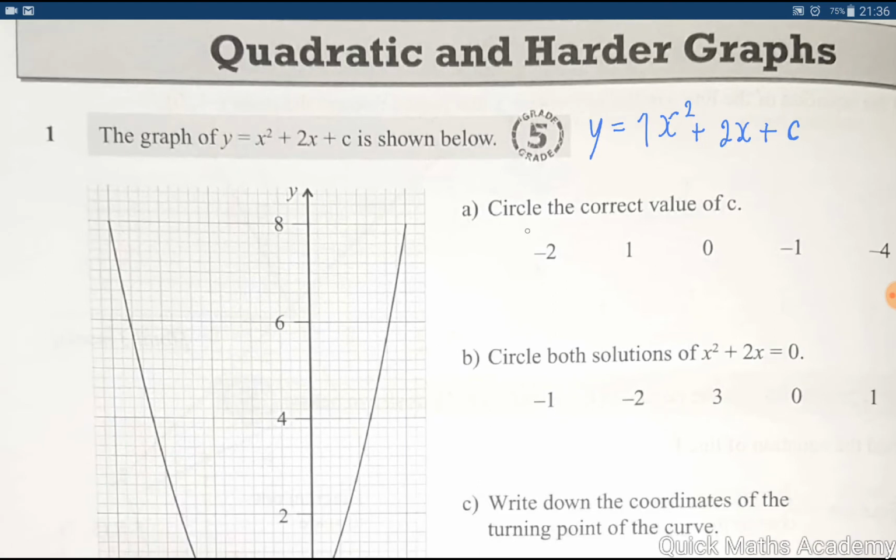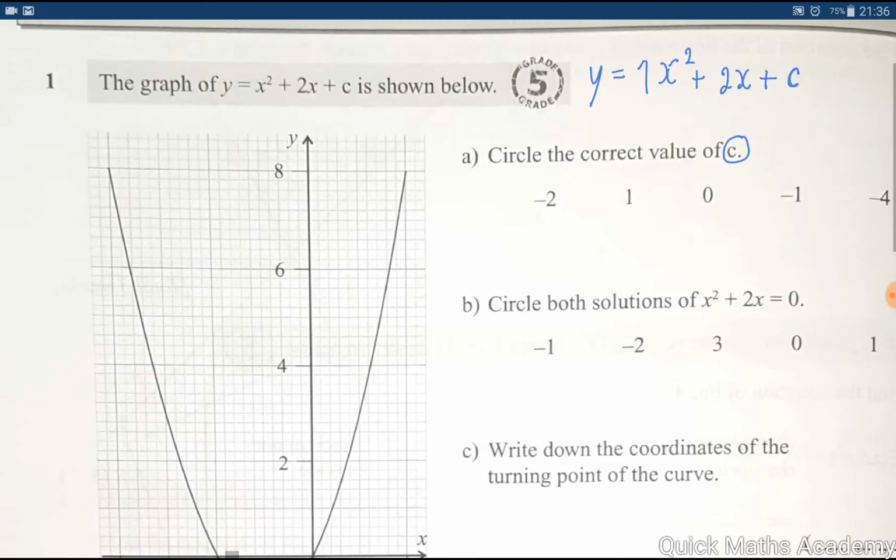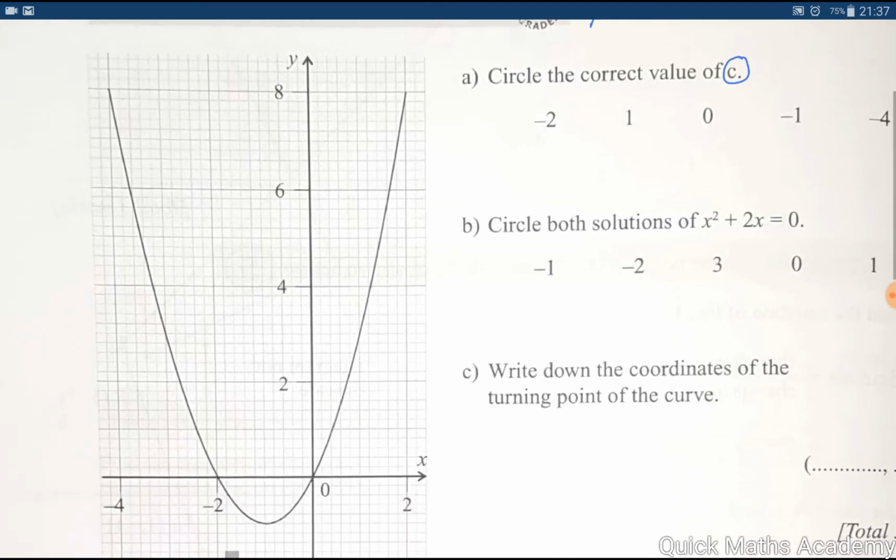Circle the correct value of c. Alright, so we want to know our c, and we know that our c is always the intersection value with the y-axis. It is the value of y in that intersection point. So that's very easy.